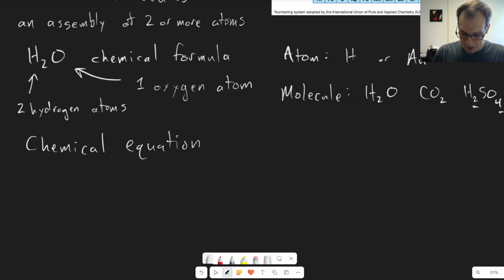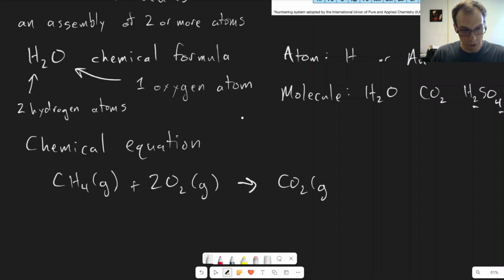One example might be this chemical equation, which represents the burning of methane, which is the main component of natural gas. We'll see several chemical equations that look like this throughout the course of the class. This is an example of what we call a combustion reaction.